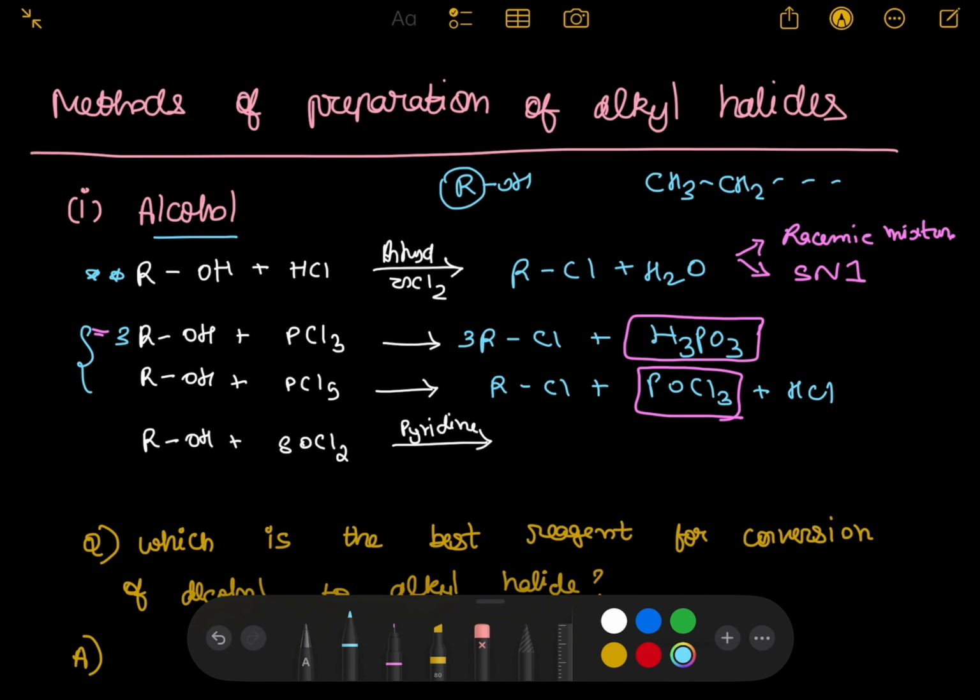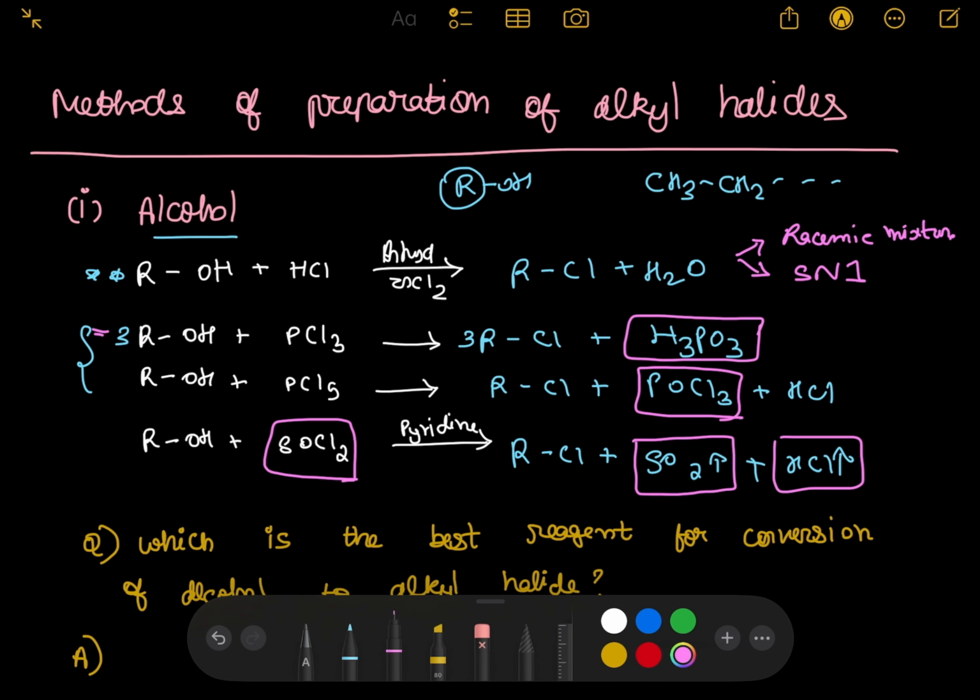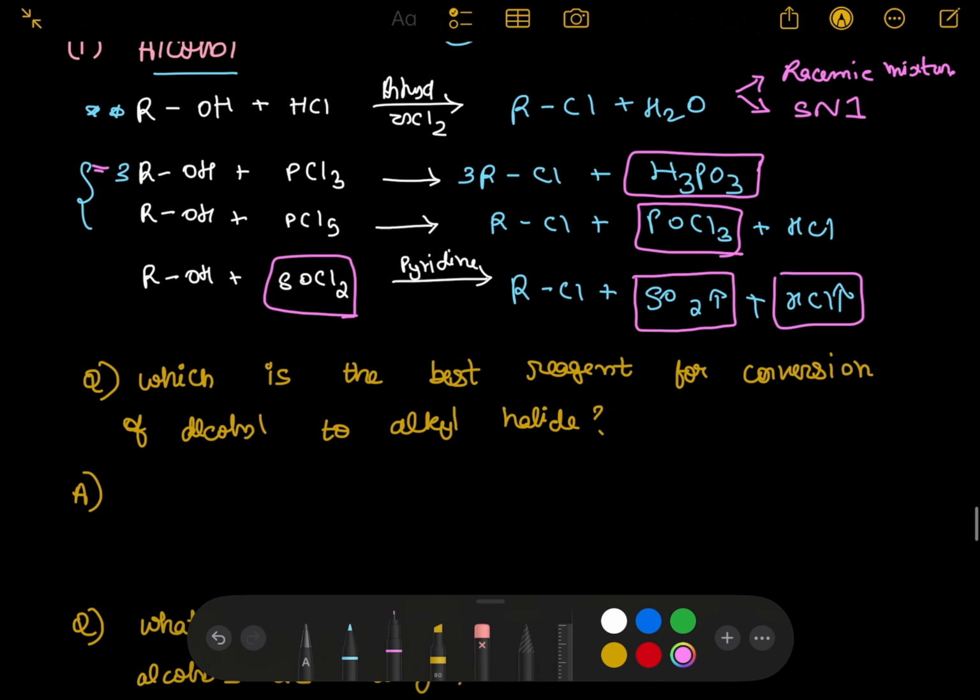Now for the fourth one, ROH with SOCl2 in the presence of pyridine. What do I get? I get RCl plus gaseous SO2 plus gaseous HCl. Do you notice one thing? The product is in its purest form. That's why this is the best reagent for conversion of alcohols to alkyl halides.